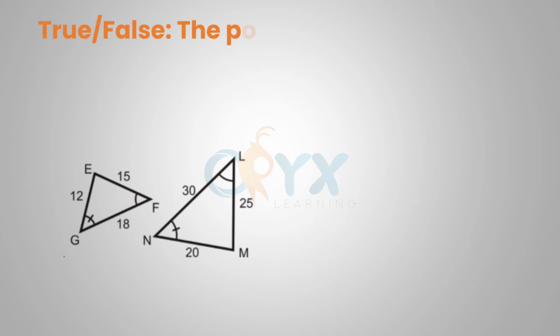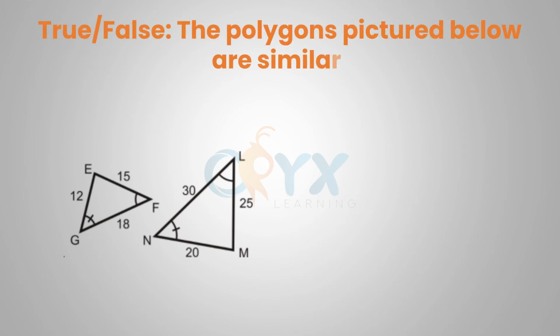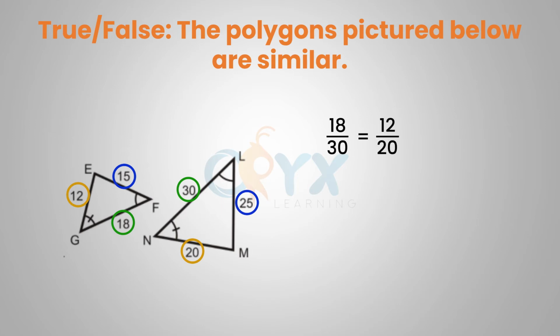True or false? The polygons pictured below are similar. Comparing the sides, we have 18 over 30, 12 over 20, and 15 over 25, which sets up the proportion 18 over 30 equals 12 over 20 equals 15 over 25.